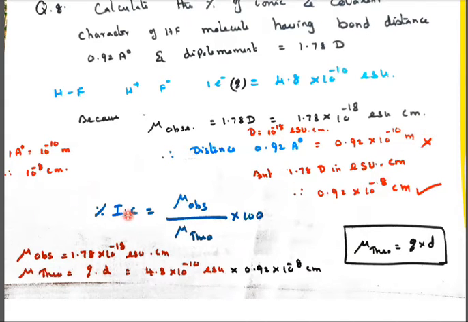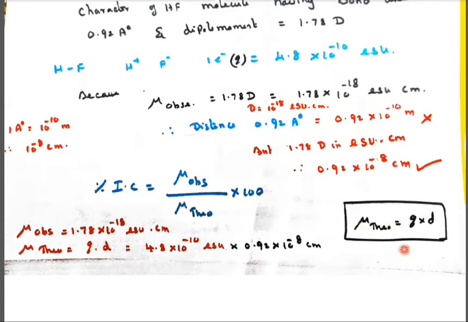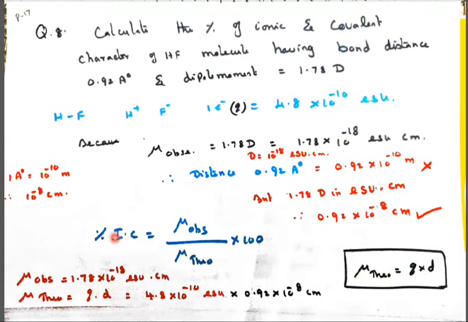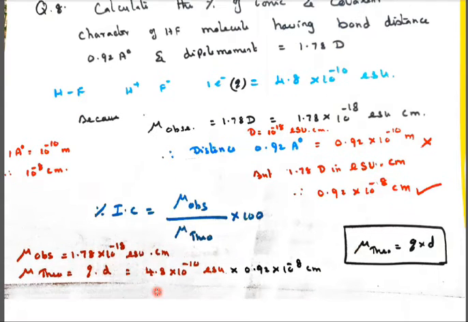The percentage of ionic character equals the dipole moment observed value divided by the dipole moment theoretical value, into 100. The theoretical value mu is charge into distance, Q into D. The observed value is always given in the question: 1.78 into 10 to the power of minus 18 ESU centimeter.